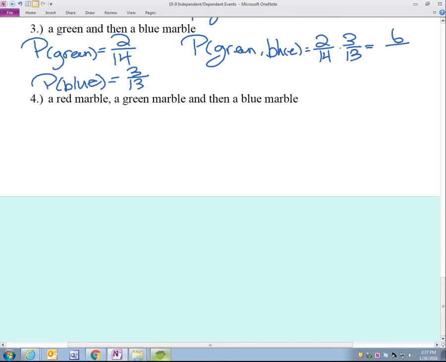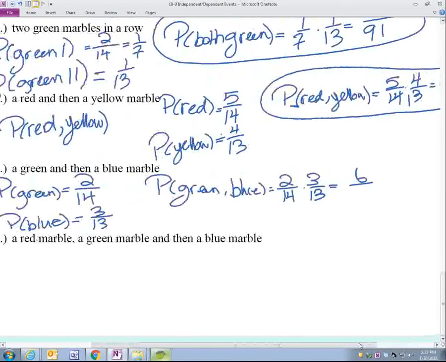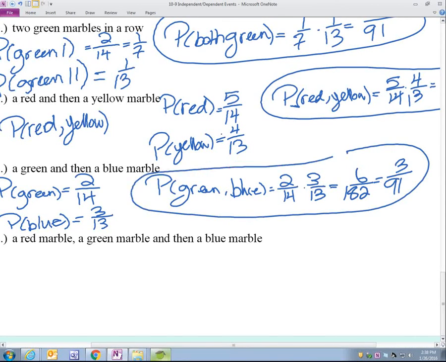So what was that? 284 or 182? 182. Three over 91. Didn't we just do something that was times 3 to get 91? Yeah, it's 91. Okay. So that one's 3 over 91.